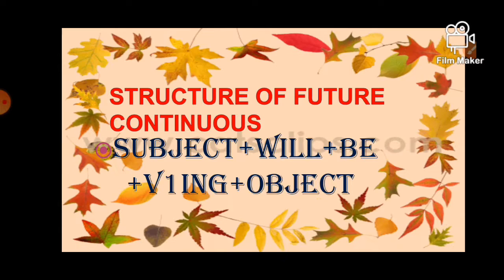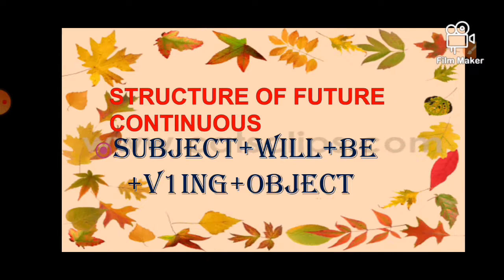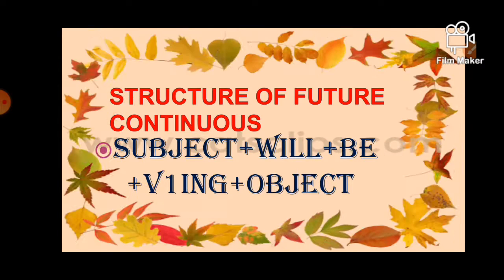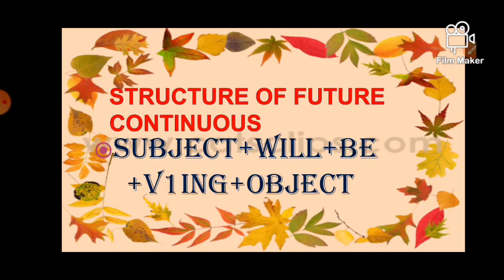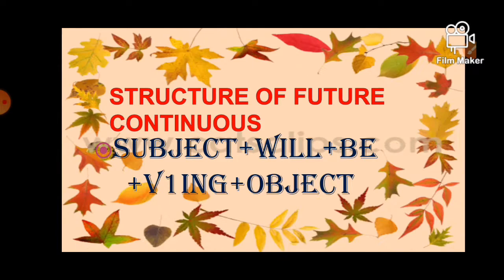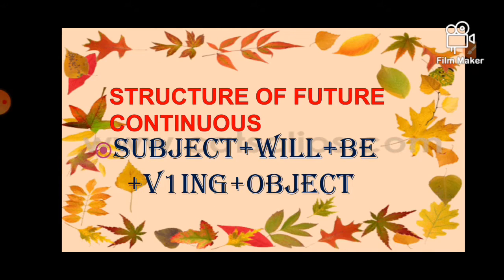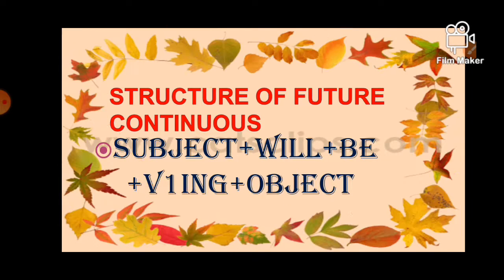We do not say I will writing a letter. Whenever we say I will write a letter, this is future indefinite tense. So I will be writing a letter, I will be eating my lunch, I will be playing in this evening, I will be painting a picture, I will be making a drawing. So this is the structure of future continuous tense, that is subject plus will be plus V1 ing plus object.